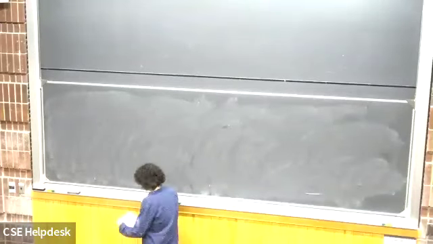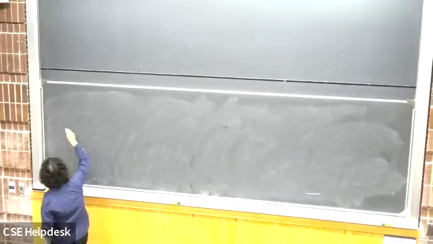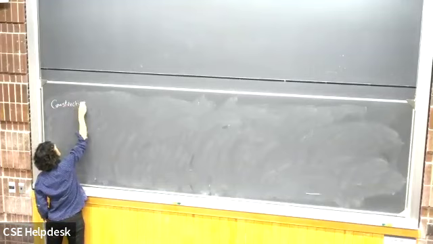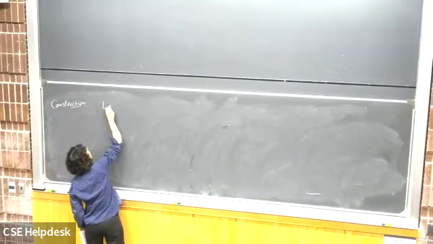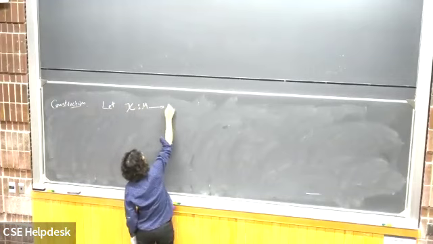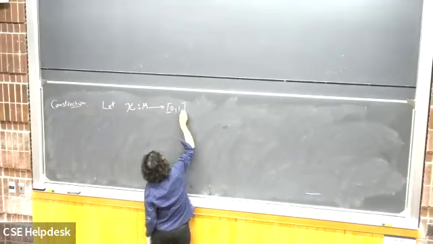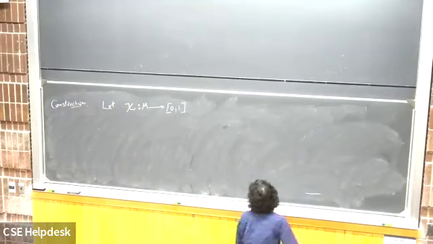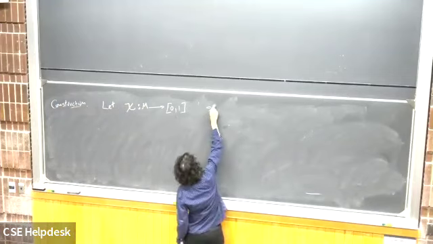So at this point, take any cutoff function chi, a smooth function with values in [0, 1], with the following properties.